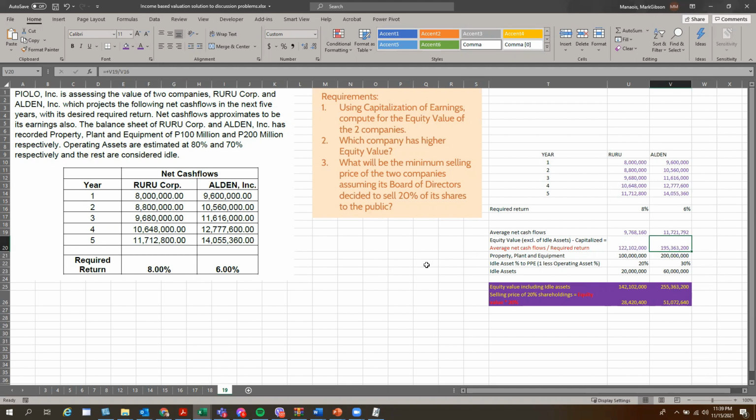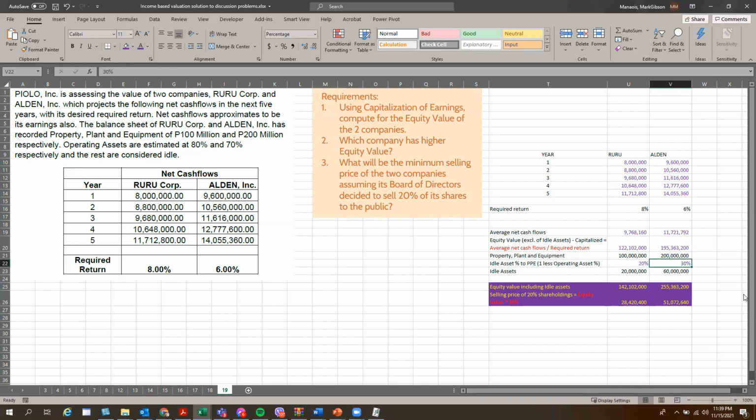Also, given the property, plant, and equipment, we need the idle assets. The operating assets are 80%, and the remaining is considered idle. So therefore, 20% for Ruru. And for Alden, 70% are operating assets and the rest are idle, so that's 30%.